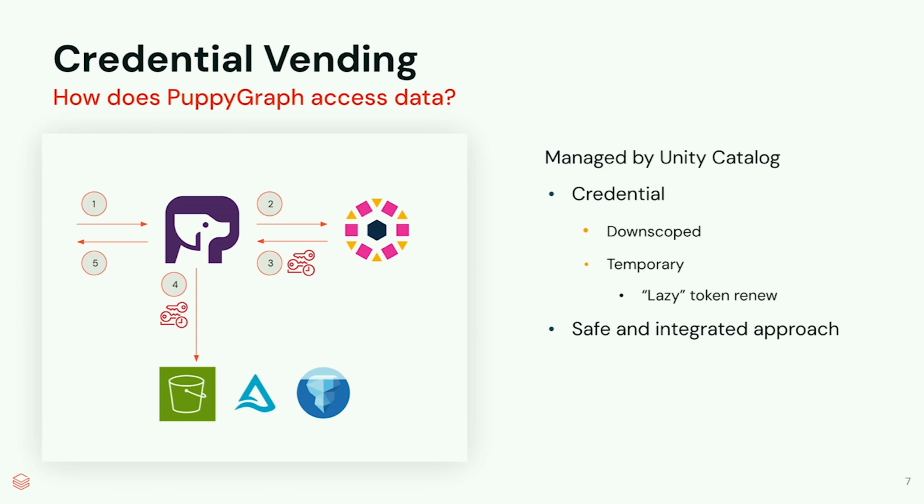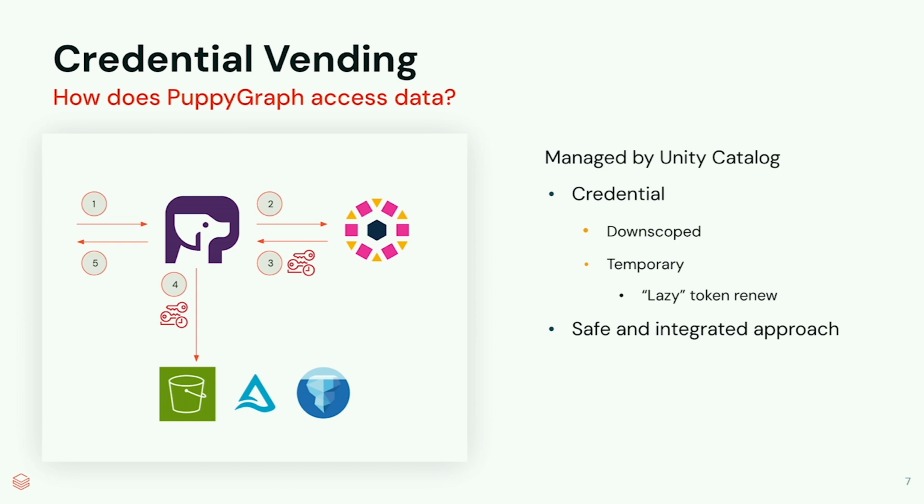The issue without credential vending is that PuppyGraph needs to talk to storage to process graph queries. However, in many cases, the authentication of the storage is managed separately. So in this case, we need to talk to S3 to get the actual files, like Parquet files, back to do the graph analysis.